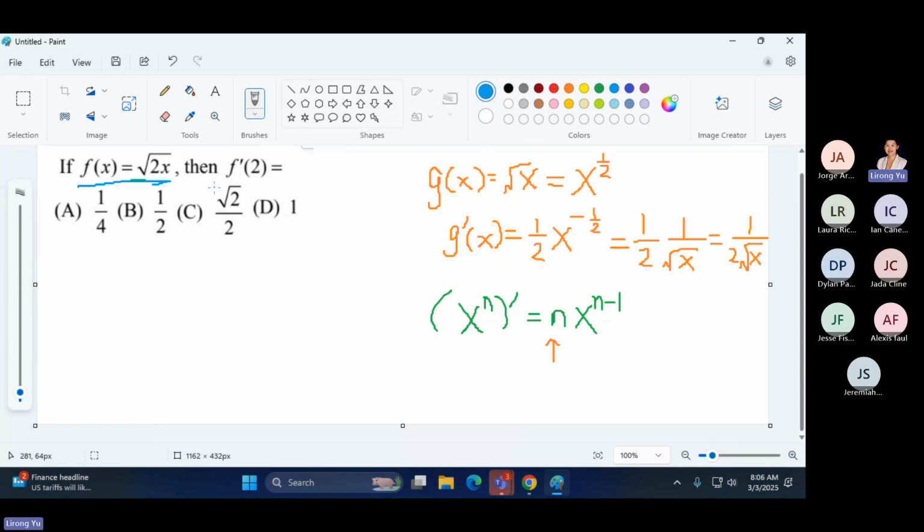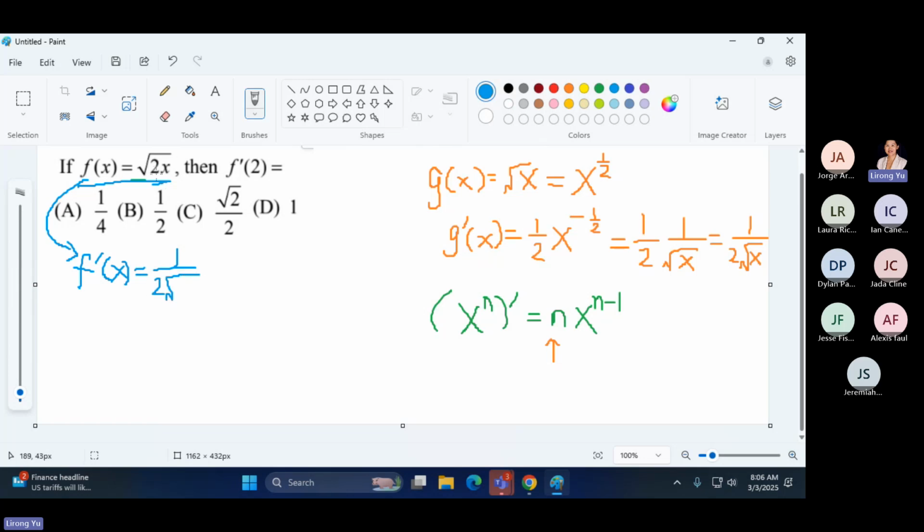So according to the formula that we have here, the derivative of root of x is 1 over 2 times root of x. So root of 2x, 2x is on the inside of the root. According to the chain rule, we would differentiate the outside first. So then we have f prime of x equal to 1 over 2 root of the inside.